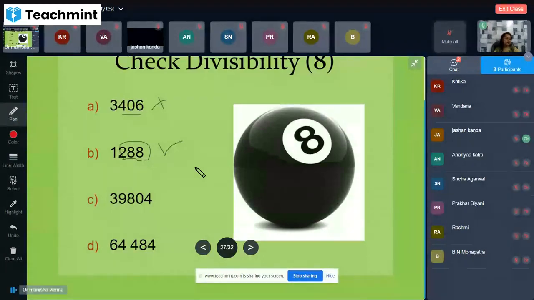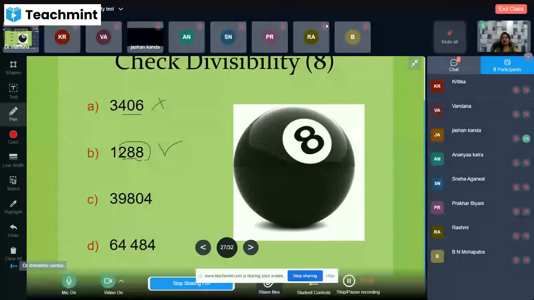The remainder is 4. Then you drop down 8. It becomes 48. Then 8 sixes are 48. Completely divided, no remainder. Is that done, Ananya?